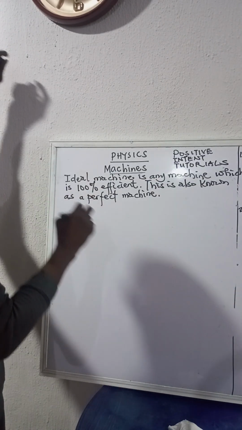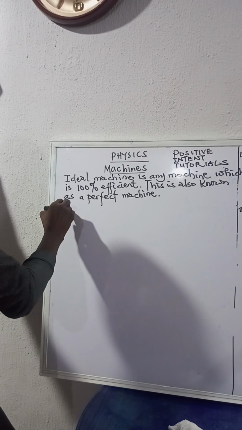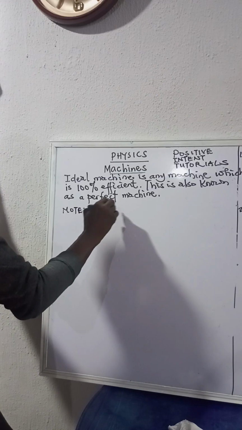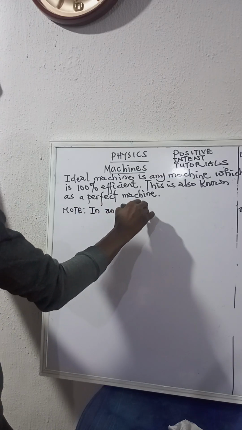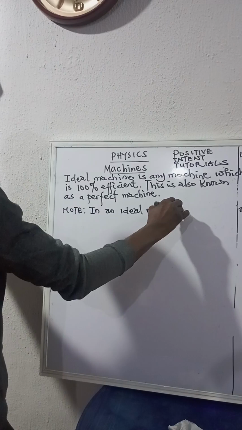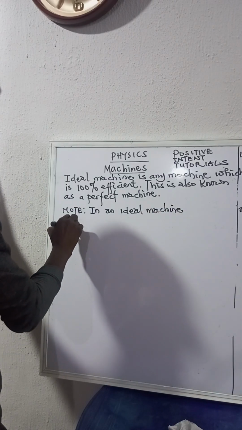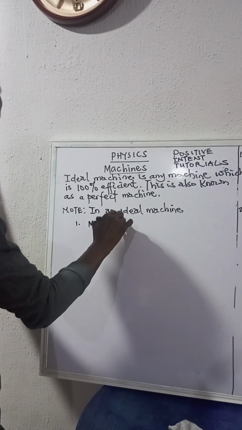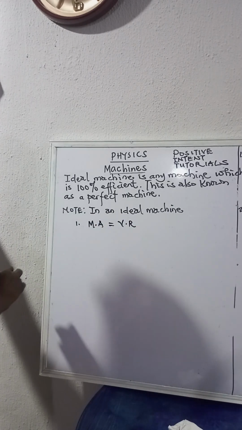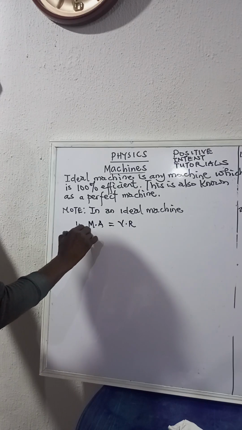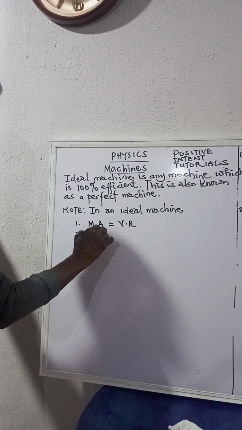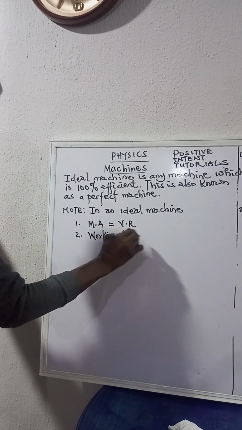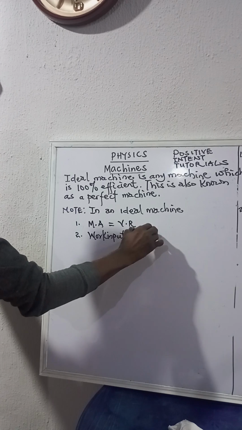Now, note this. Note, in an ideal machine: one, mechanical advantage is always equal to its velocity ratio. Two, work input is equal to work output.